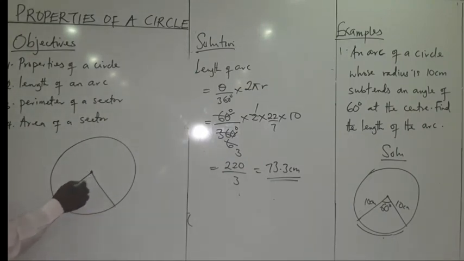So perimeter of a sector will be this radius. Perimeter of any shape is the addition of all the sides. So which means we are going to add this plus this and plus this. That's the perimeter of a sector.